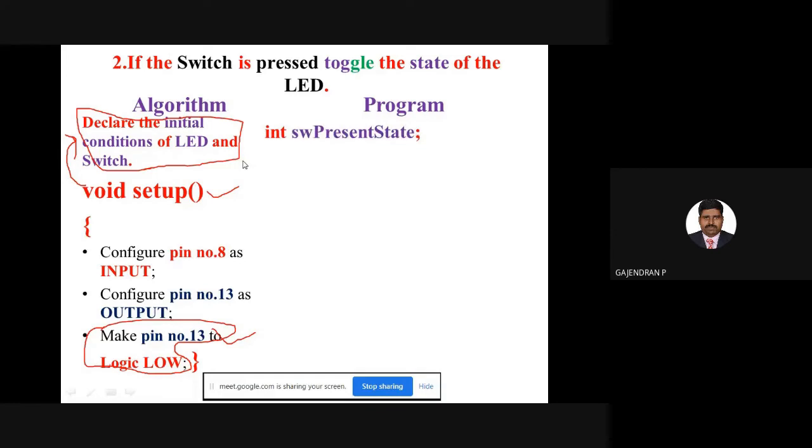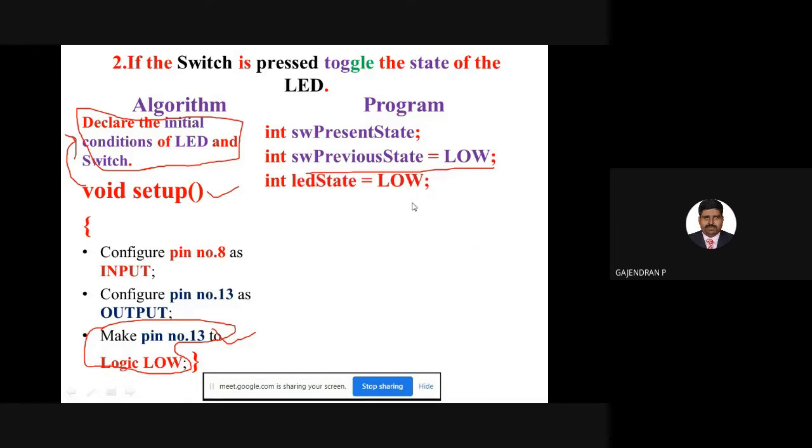First, please make note of it: the present state of the switch. Here I declared the present state of the switch as an integer. Then the previous state. By default, I am going to set the previous state as low. Then the LED state, which I also keep as low.